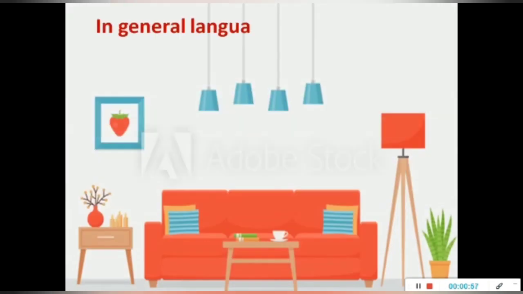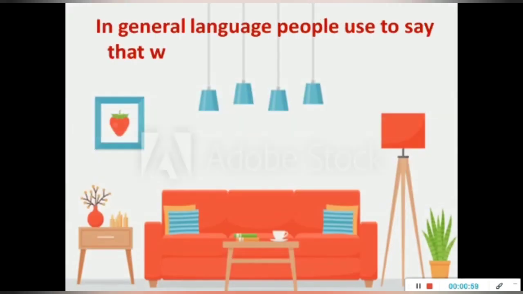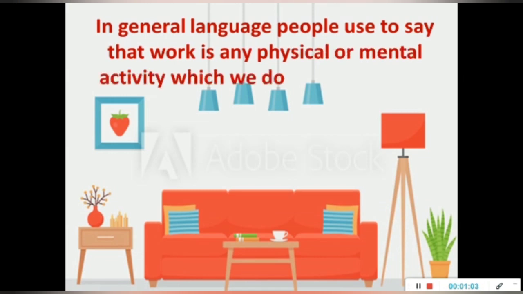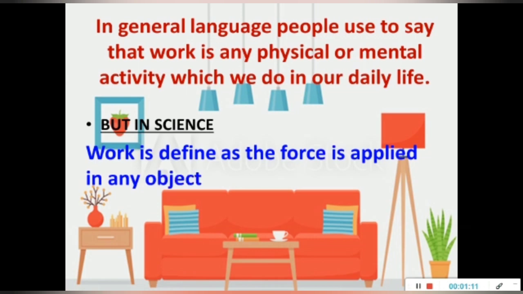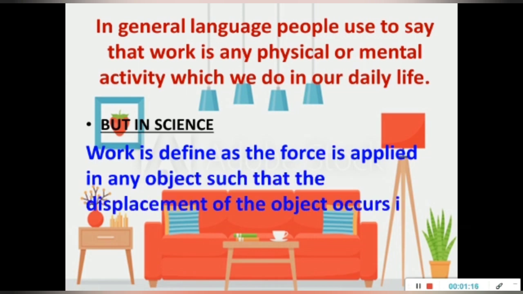In general language, people say that work is any physical or mental activity which we do in our daily life. But in science, work is defined as a force applied on an object such that the displacement of the object occurs in the direction of the force.